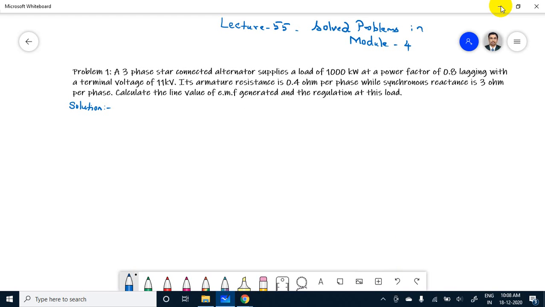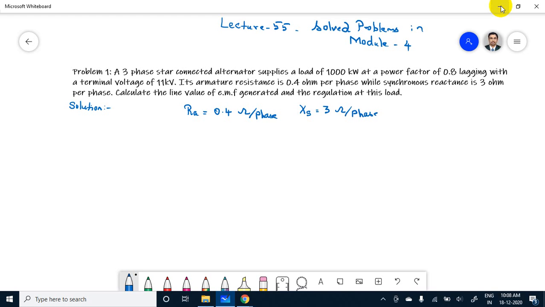Its armature resistance RA equal to 0.4 ohm per phase, and synchronous reactance XS equal to 3 ohm per phase.